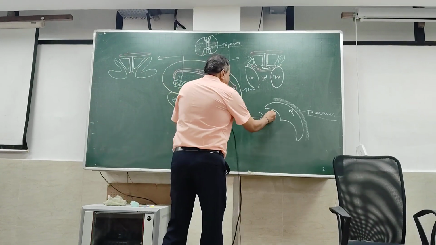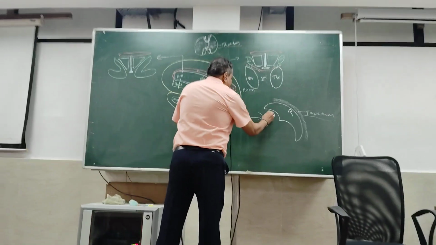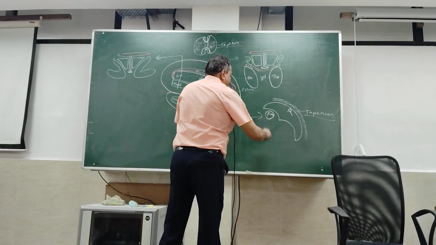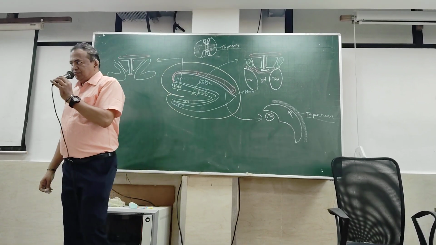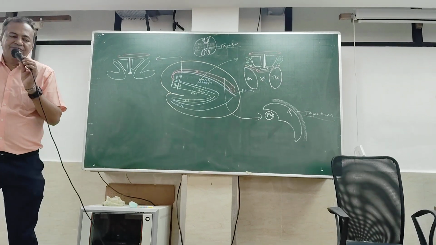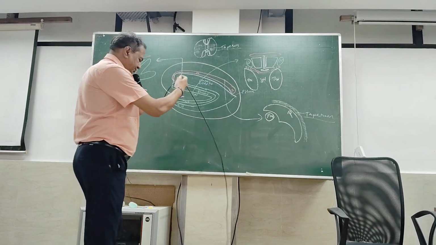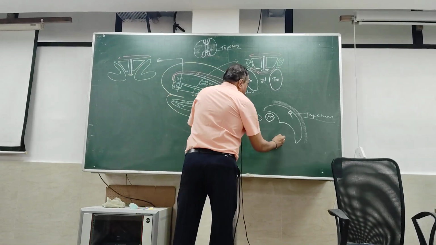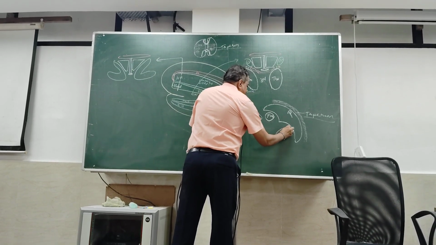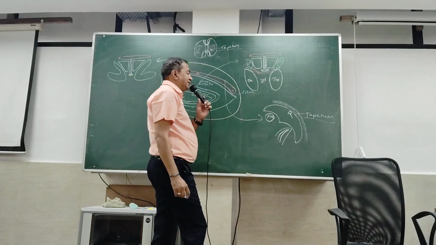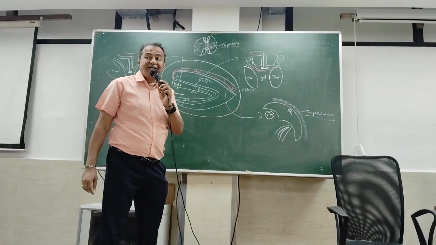Then here, the floor there is forceps major. Then there is a sulcus called calcarine sulcus, which is there on the medial side.